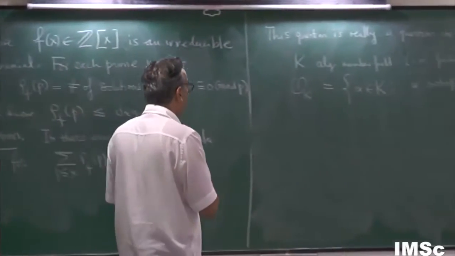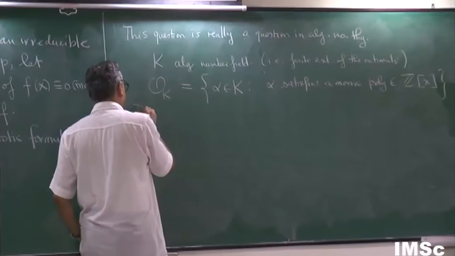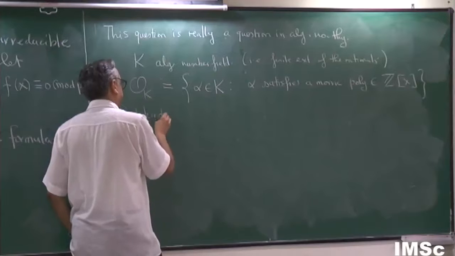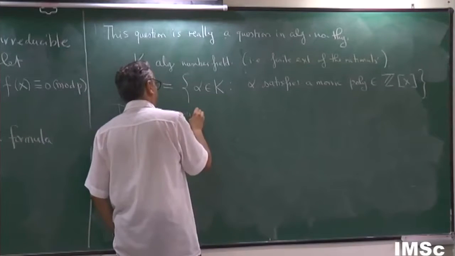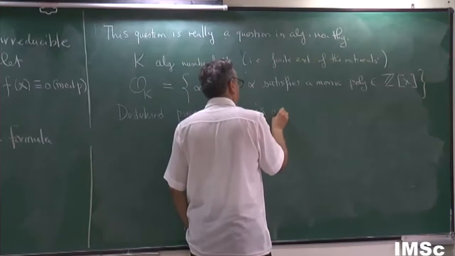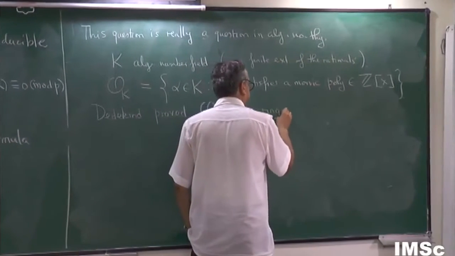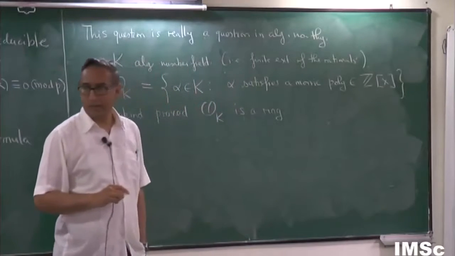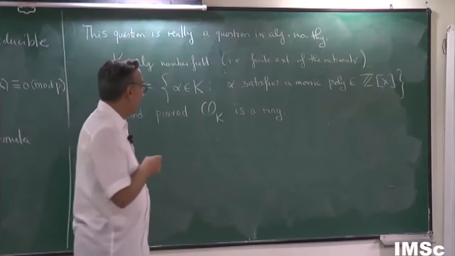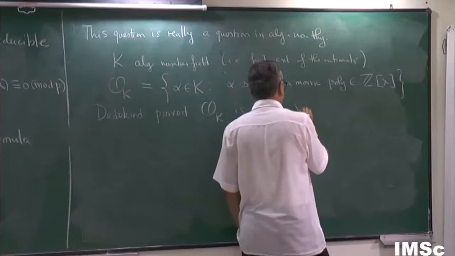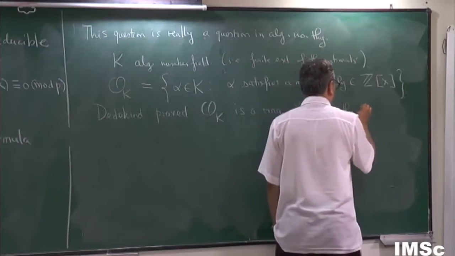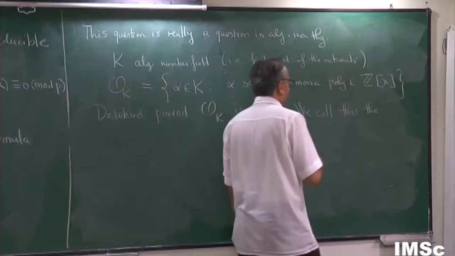So Dedekind showed O_K is a ring. That's a nice theorem. And this ring is called the ring of integers of K.